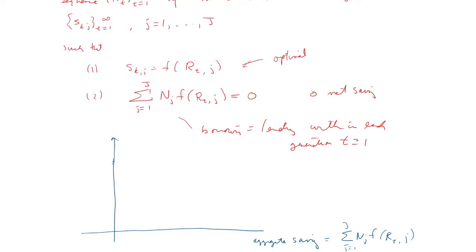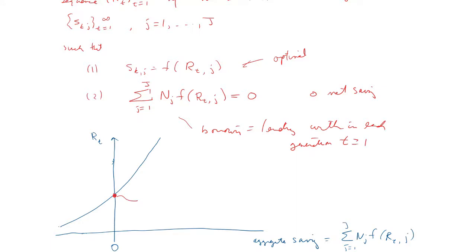On this axis, I'll put r_t. This saving function is going to be upward sloping, and here's 0. And there's the equilibrium saving rate.